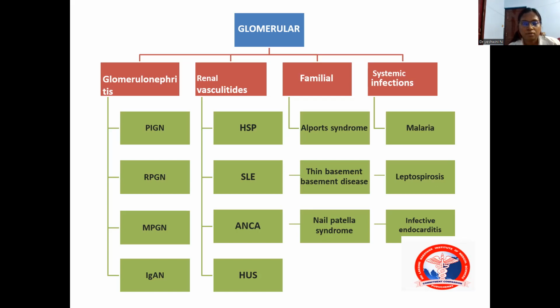Vascular causes of glomerular injury are HSP, SLE, and HUS. Systemic infections such as hepatitis B, C, HIV, malaria, and infective endocarditis can also cause glomerular injury. A parasitic cause of hematuria is schistosomiasis.